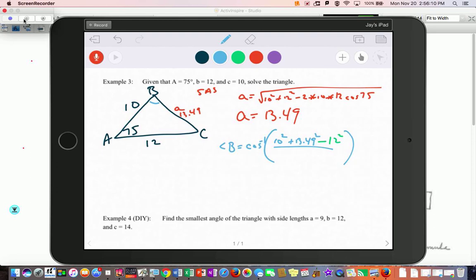And I misspoke earlier because if 13.49 is the biggest side, 75 is the biggest angle, then I couldn't have an obtuse angle because angle B has to be smaller than 75. So law of sines would have been fine. Now you go 2 times the other two sides again. So you do the 10 and that 13.49. So that's tricky if you're using the one that didn't work. So plug that into your calculator and see what you get.